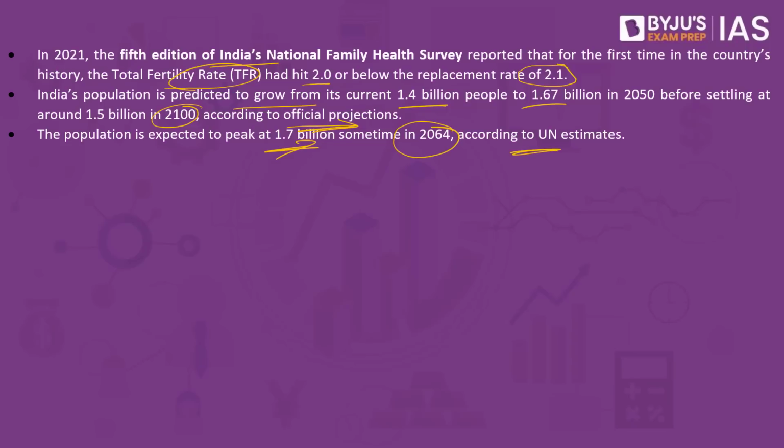This will have some positive impact on India, and this will also have challenges for India as well. What are the positive impacts with respect to the population? As of now, the total fertility rate is decreasing. This basically means that over a period of time, the population will be stabilized, and as we see in the developed countries, we will have improved living standards.